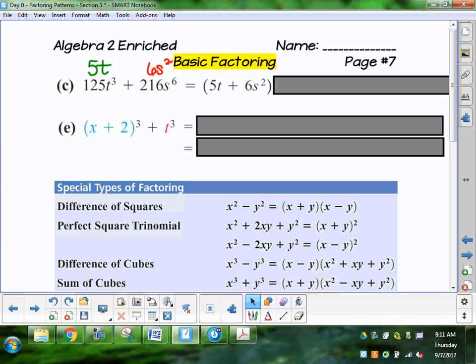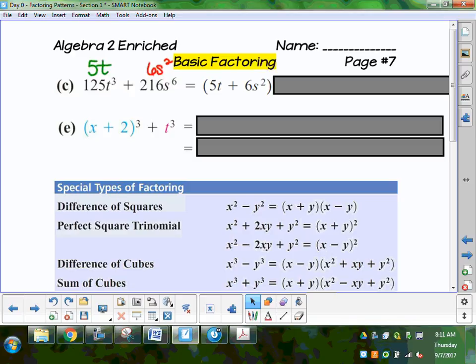This one's going to be a little bit awkward. Go ahead. It would be 25t squared. Left squared, that's where she got that. Keep going. Close.